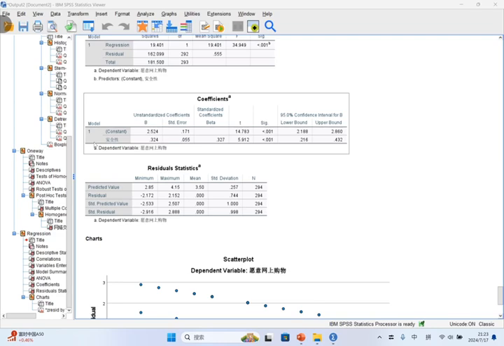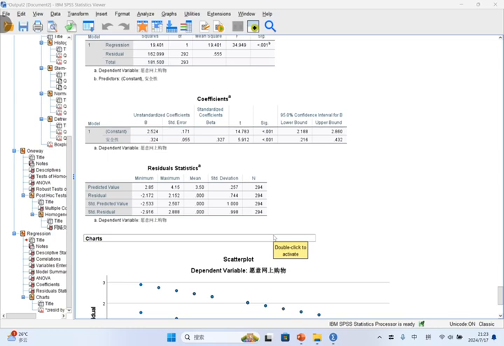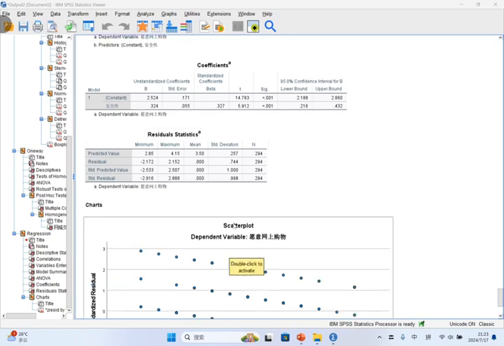The cumulative probability distribution of standardized residuals in the right picture is roughly distributed near the straight line at an angle of 45 degrees. Okay, 45 degrees, and the sample observation values are relatively close to the normal distribution assumption.